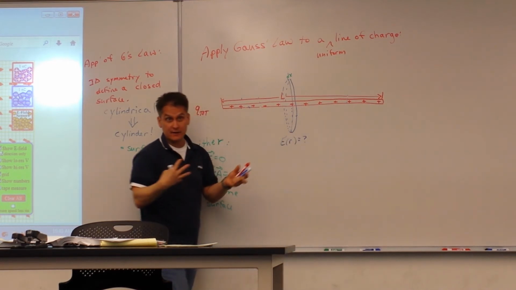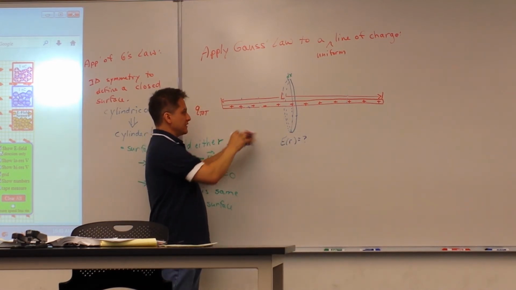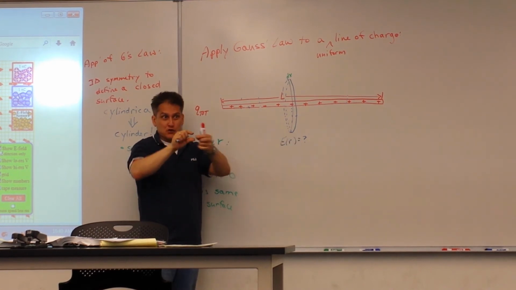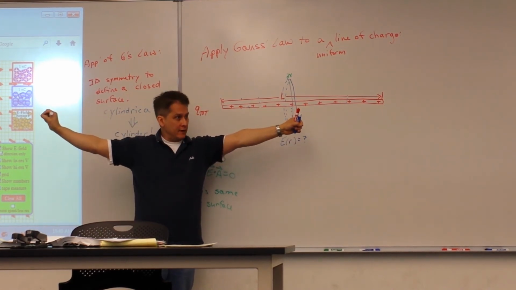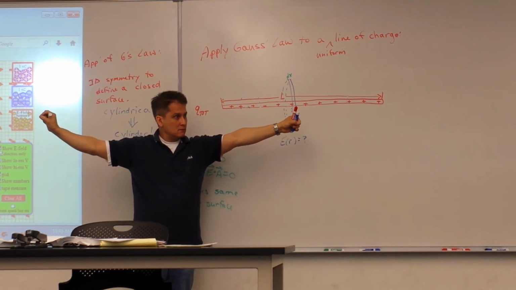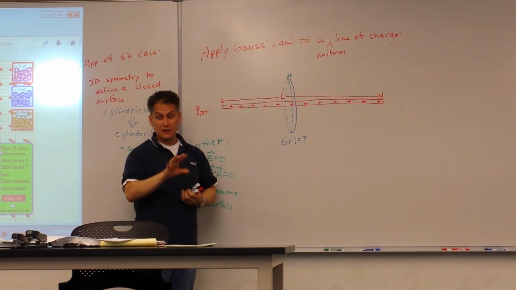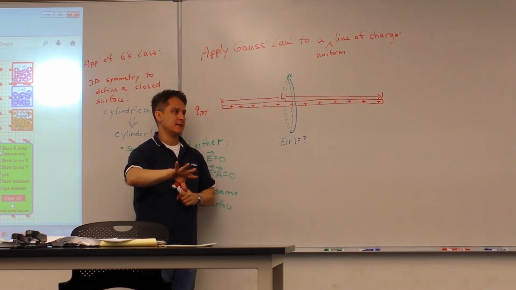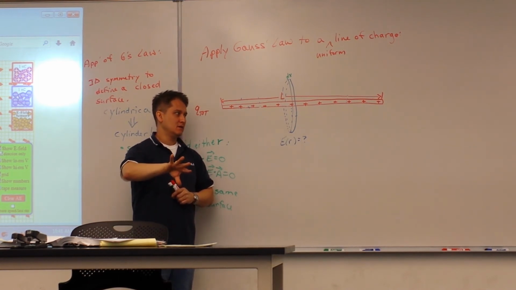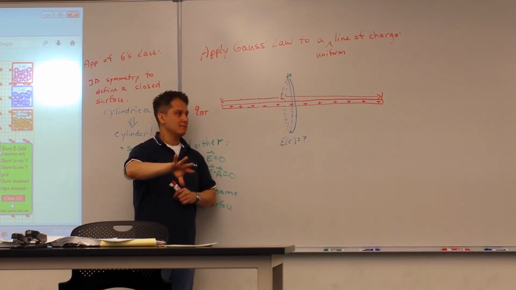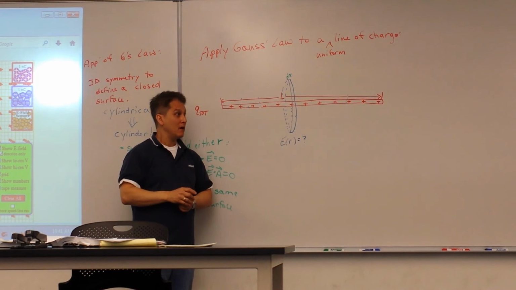Another way of saying that is make the width of the cylinder small compared to the length of the line. There's another way to express this, and I think the textbook may do this. If it doesn't, you may see this again. Think about the question this way, and it's so artificial I don't really like it, but it's sort of how I learned it.